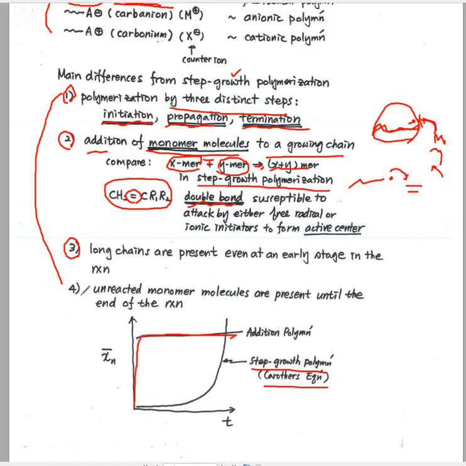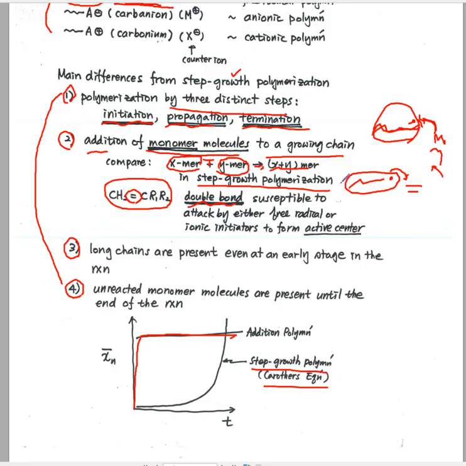The fourth feature is that unreacted monomers are present until the end of the reaction. We just said that only a growing chain with a free radical can attack monomer molecules. So any monomer molecules which were not attacked by this free radical can survive until the end of the reaction. That's quite different from step growth polymerization, right?